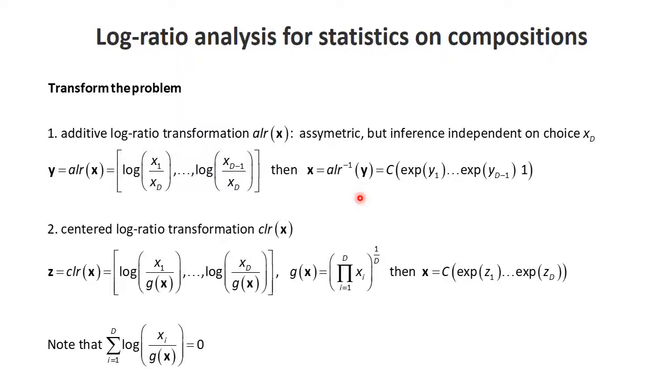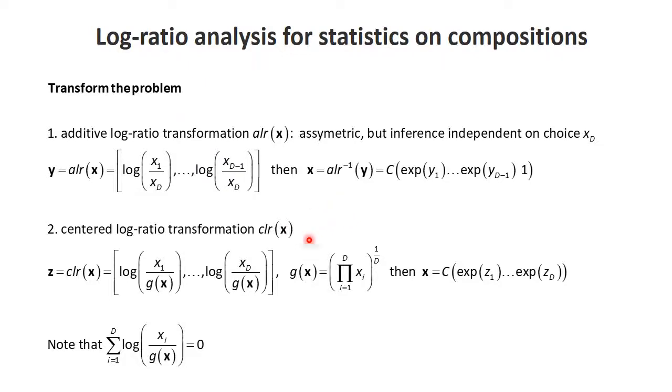One of the things we notice is that this is asymmetric. You would wonder whether this depends on the choice of x_t, and it turns out, as Aitchison showed in his 1986 paper, that it doesn't necessarily depend on that particular choice. It does, however, make the interpretations somewhat more complicated because we have to make a choice with regard to x_t, and so we would have to do our calculations with a particular choice.